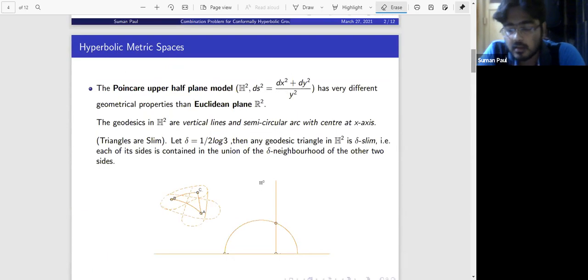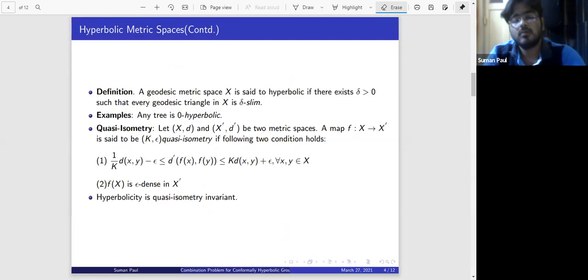You take a geodesic metric space (X, d), and then X is said to be hyperbolic if there exists delta greater than 0 such that every geodesic triangle in X is delta slim. So basically, we take that property of H2 and impose it on a general metric space and call it a hyperbolic metric space.